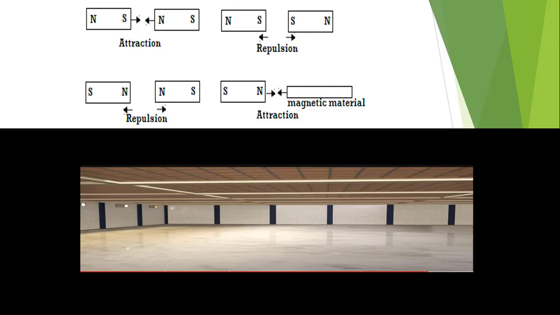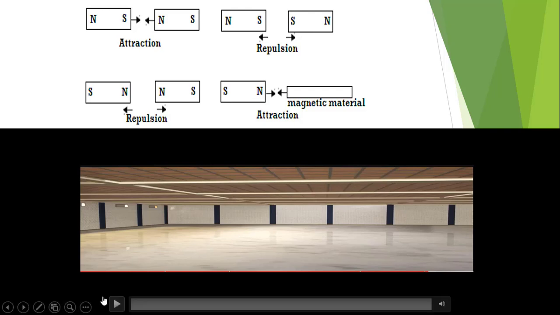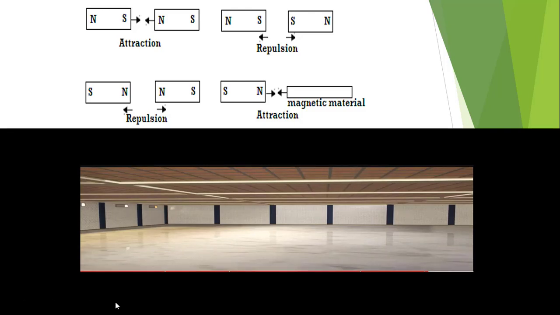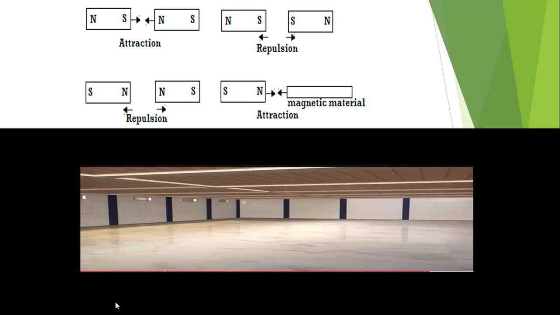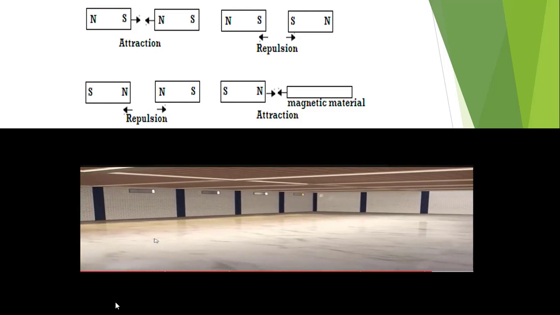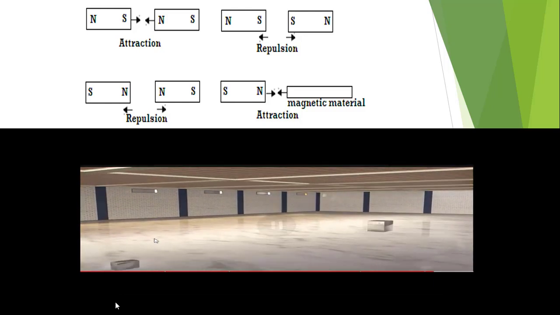So with us here, we have a video which will just illustrate attraction either between magnets with unlike poles, or a magnet and a magnetic material. As you can see, we have those two magnets very far away, but due to the force of attraction, you can see that it is non-contact, but it's acting.